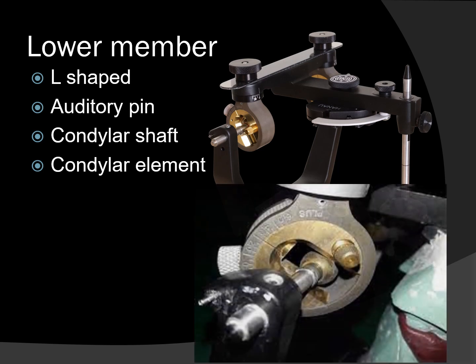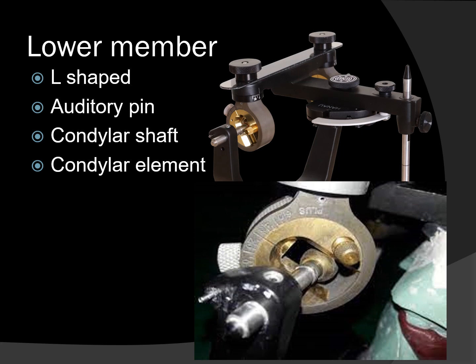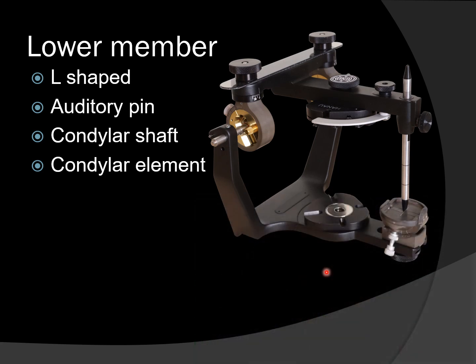And then you can see the condylar element is attached to the free end of the condylar shaft. So this is the condylar element, which is actually a metal ball, and that represents the condyle of the mandible. So this is the condylar shaft and this one is the auditory pin.